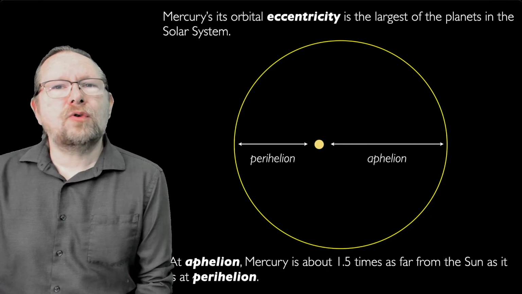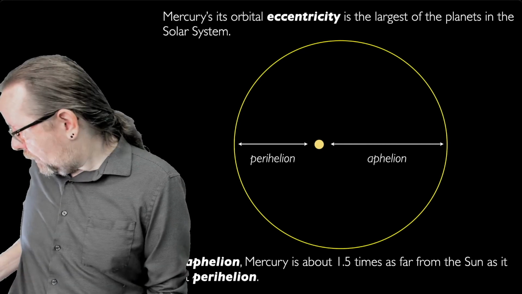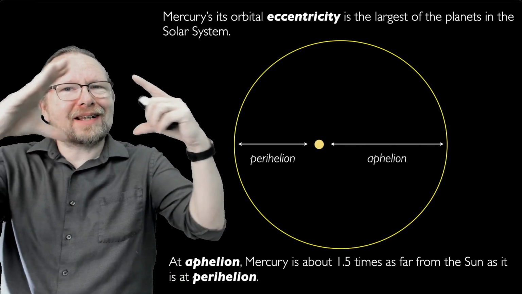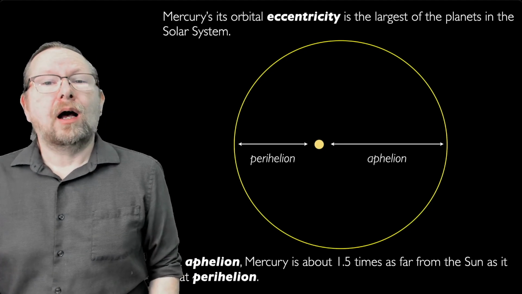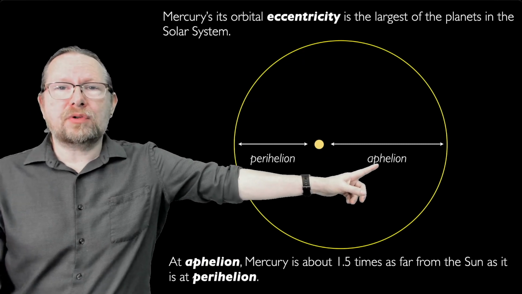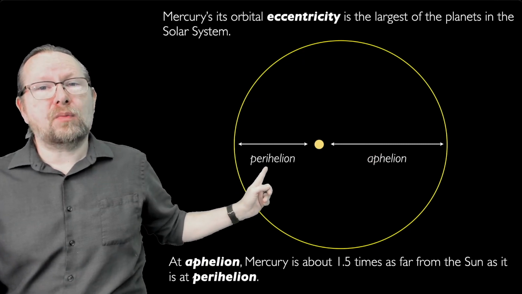Mercury's orbit is notable because it is very eccentric compared to the other planets in the solar system. In other words, the ellipticalness of the orbit, the departure from being a perfect circle, is pretty big. When it is at aphelion, which is the furthest point from the sun, it's about 1.5 times further from the sun than when it's at perihelion.